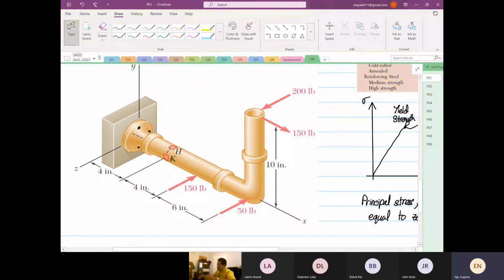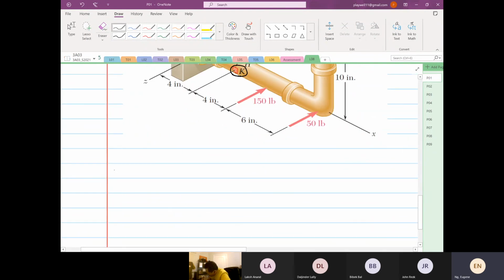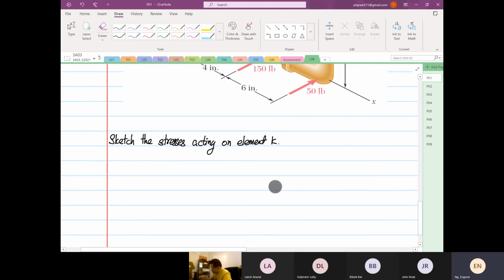So if we are going to sketch out element K, element K is over here, we're going to sketch the stresses acting on element K.